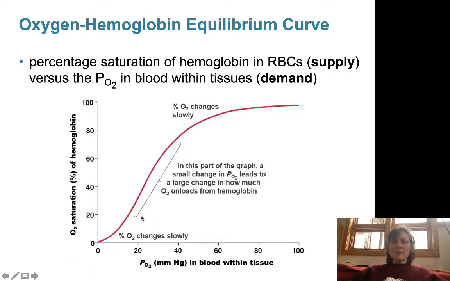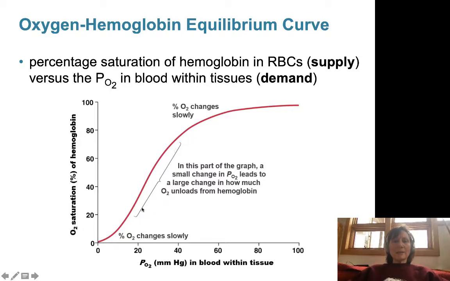So initially, this curve strikes many people as being non-intuitive. So remember what we just said. At rest, generally, oxygen in tissues is hovering at about 40 millimeters. And you would think that if tissues are going to be low, you would need to have a situation where the saturation of hemoglobin is high. But it actually doesn't work that way.